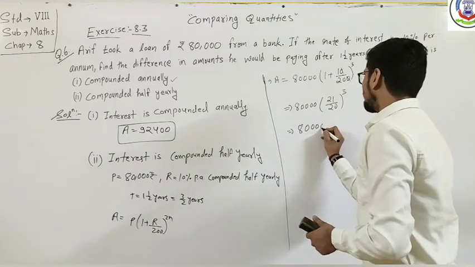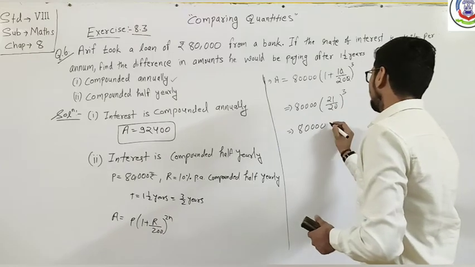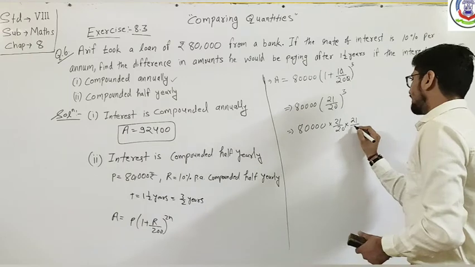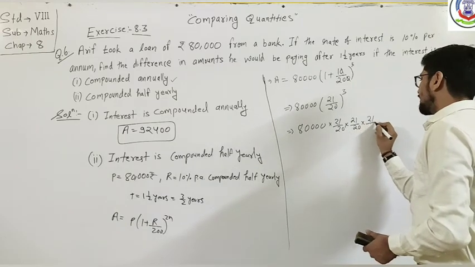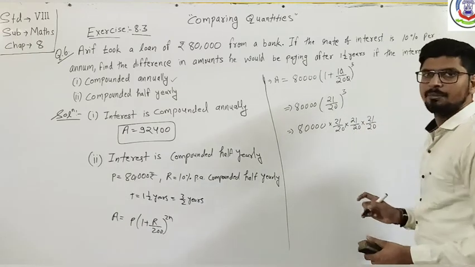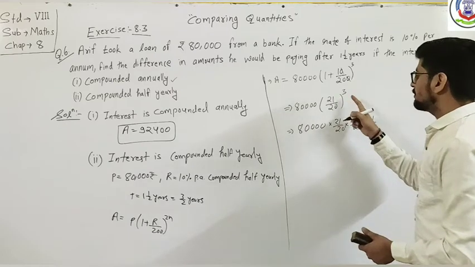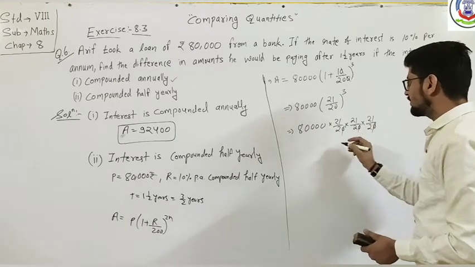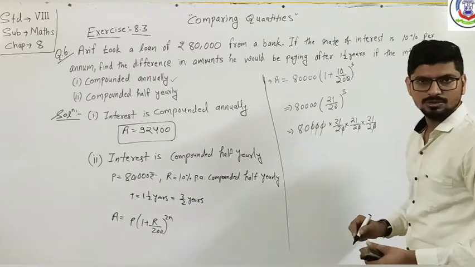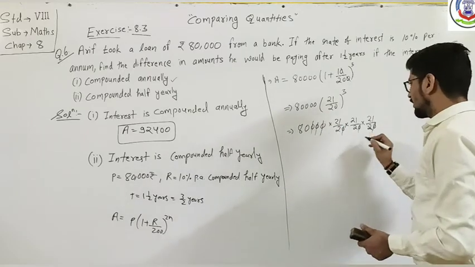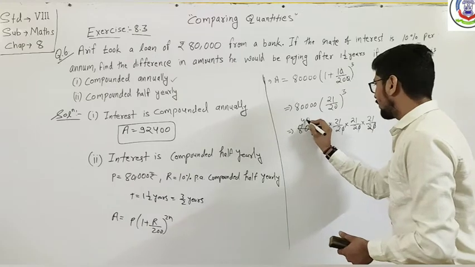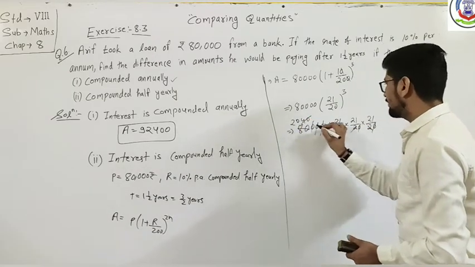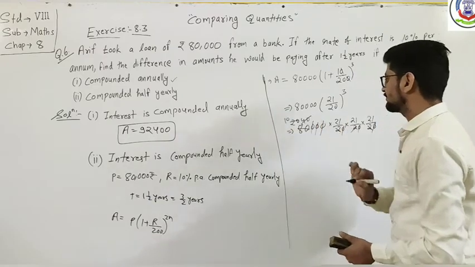And 80,000 multiply 21 by 20 multiply 21 by 20 multiply 21 by 20. Okay, raised to the power 3 है, हमने 3 times लिख दिया. Now 1 2 3 3 zeros, 1 2 3 3 zeros. Clear? 2 4s are 8 40, 2 20s are 40 and 2 10s are. Clear?